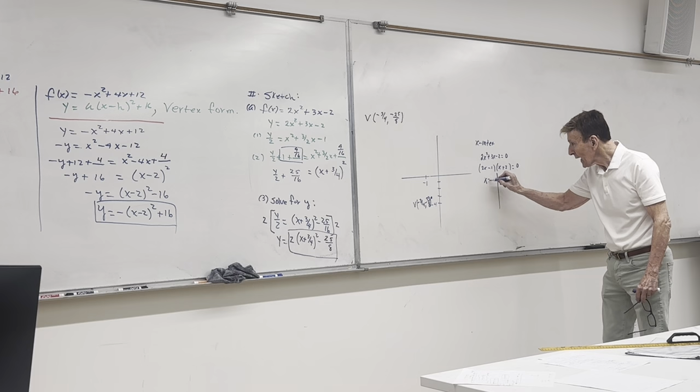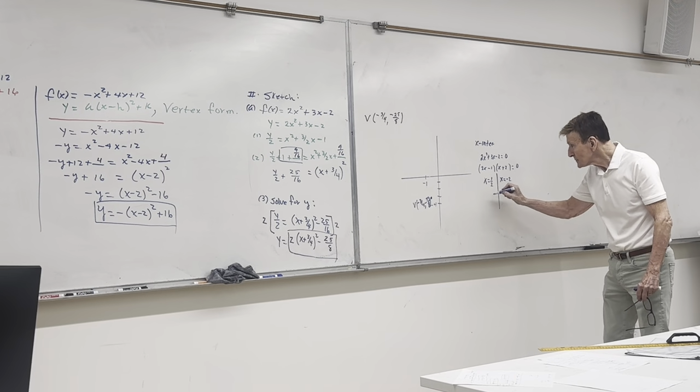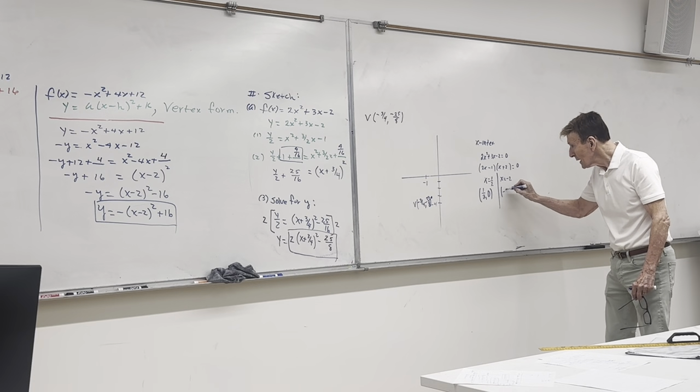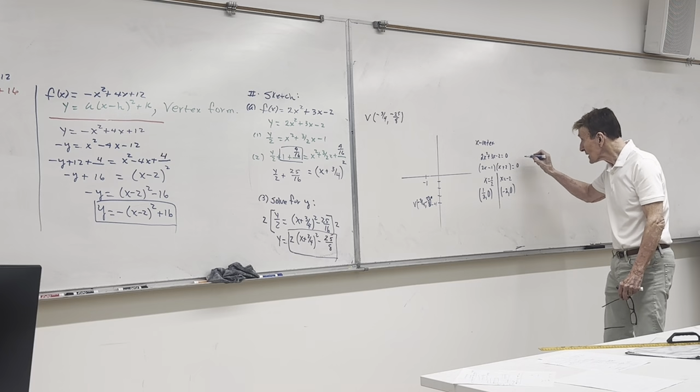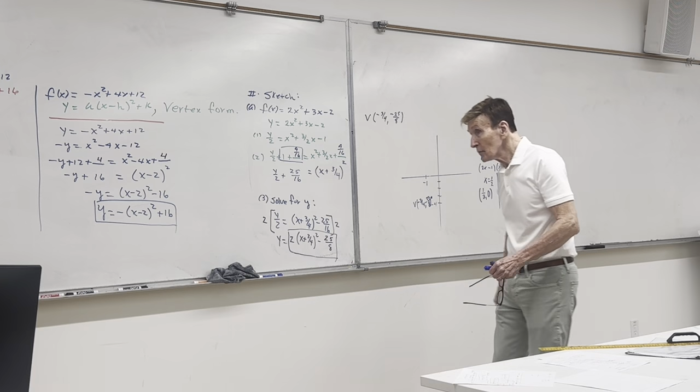Split this up. We're going to end up with 1/2, -2. Guys, I prefer ordered pairs, which I think you should. Those are my x-intercepts. Let me plot those right now. Use a different color. Those, let's put those in red.